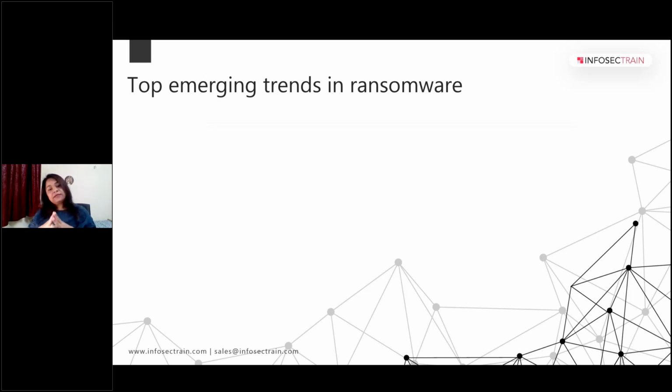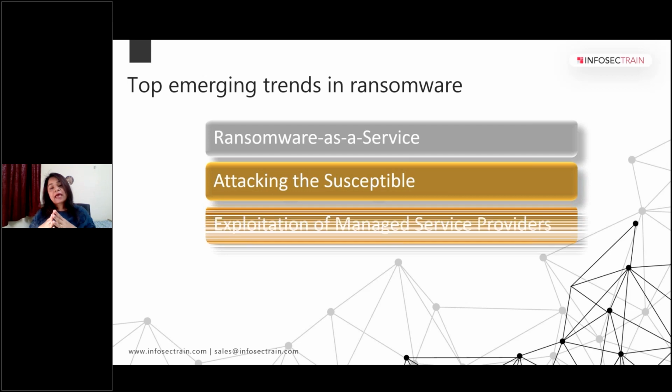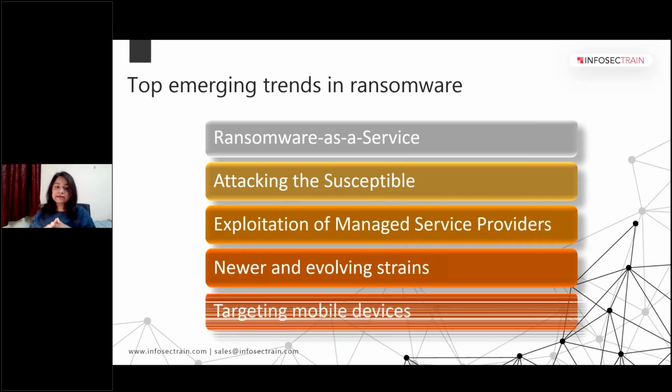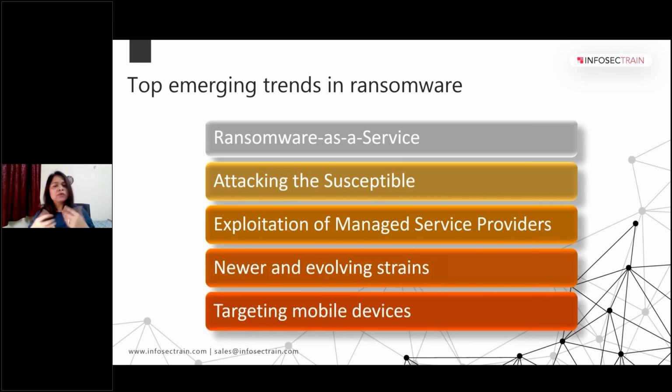Okay, we'll move on to the next slide, which talks about our top trends in ransomware. The first trend, ransomware as a service is increasing, like we mentioned. Let us see how it works. Well, it is a subscription that allows its members to use the ransomware tool. The beauty of this group is they can also help you extend your reach and making the attack more distributed in nature.